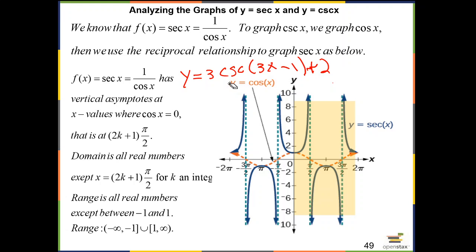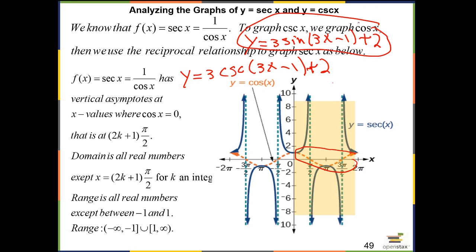Well, it turns out that if you want to graph cosecant, you graph y equals 3 sine, exactly the same thing. Just like we did here, we graphed cosine first and then graphed that. We can graph 3 sine of (3x minus 1) plus 2, which we know how to do, right?